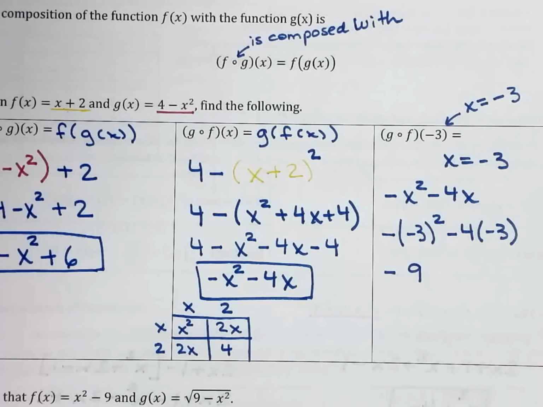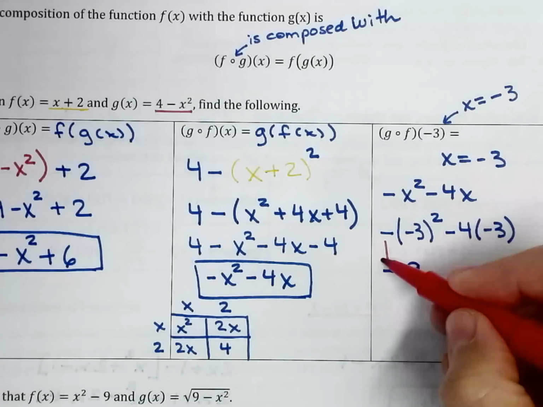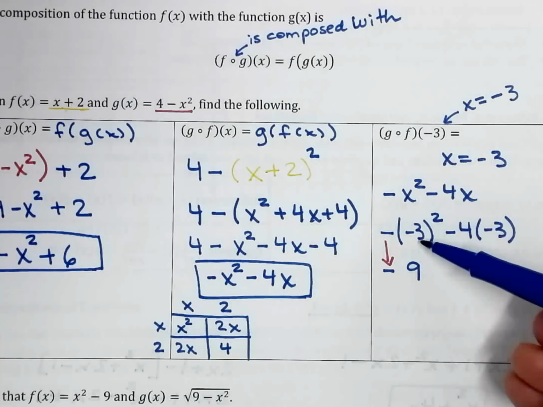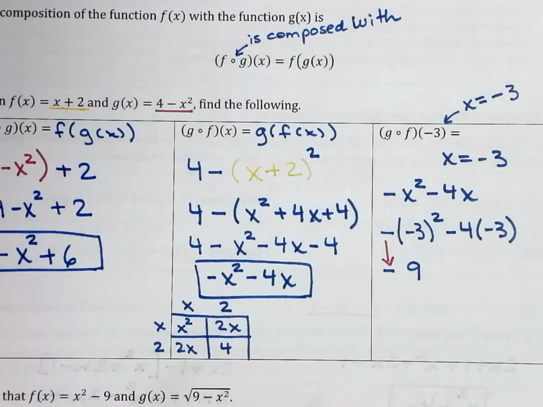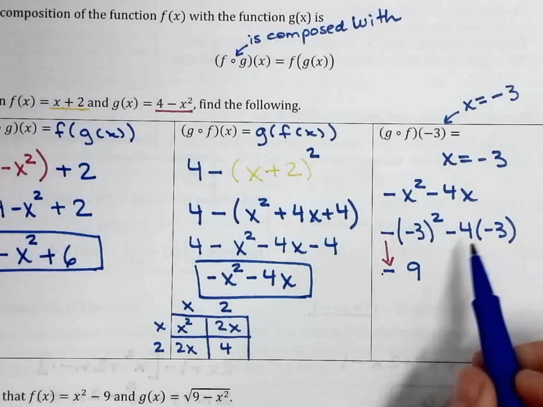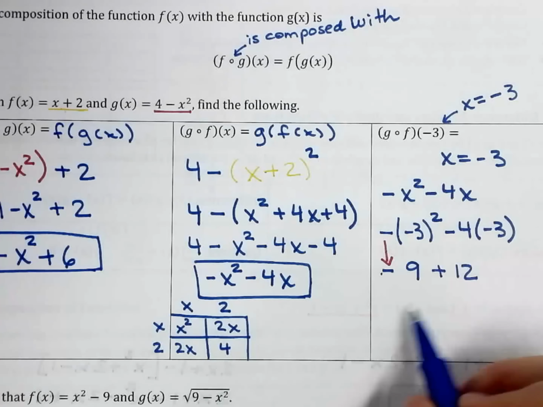And you're like, you just got a minus right there. Well, this minus belongs to that one. And this +9 is the result of squaring the -3. Okay, but this 9 belongs to that minus. -4 times -3 is +12. Combine them or add them. 12 minus 9 is 3.